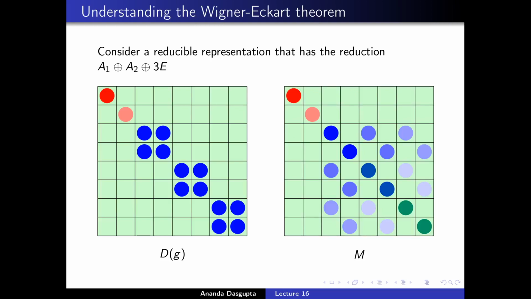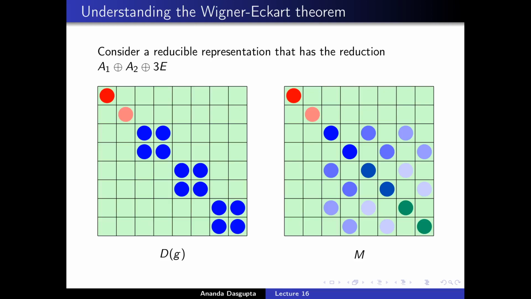So a general operator M will have a matrix, an 8 by 8 matrix in this case, which will always take this particular form, where the non-zero elements are once again shown by colored circles. There's a bit more than that here. The color coding also tells you which elements are equal and which elements are not equal. So as you can see, the top corner will have a non-zero element in general, and that is on its own.